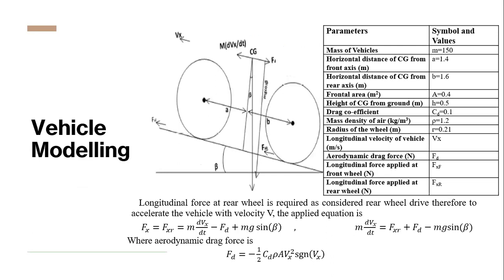Now let's go to vehicle modeling, also called passive modeling. Assume this is a two-wheel vehicle.